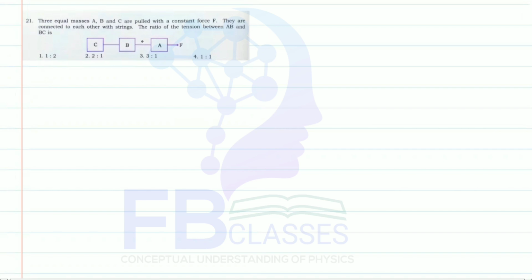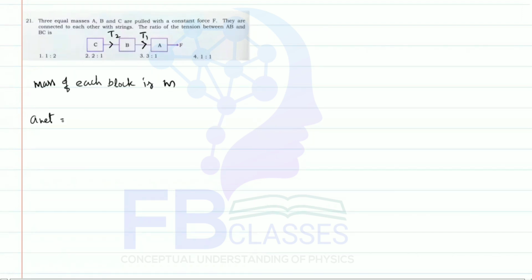So we are going to find it now. Let us consider this as T1 and here is T2. Now first we find the mass of each block. They have already given that the mass of each block is small m.